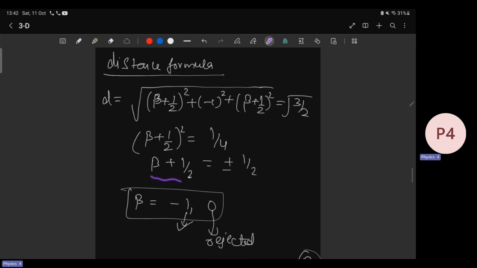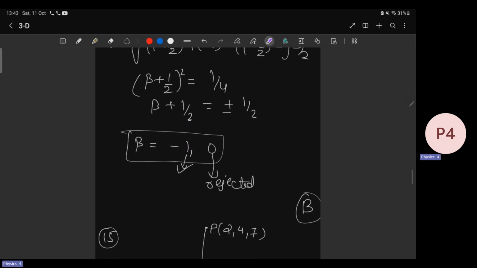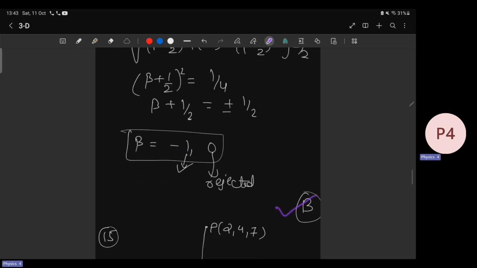Beta plus half equals plus minus half, and beta is equal to -1 and 0. The value of beta equals 0 will be rejected, as it is given in the question itself that beta cannot be equal to 0. So the value of beta is -1. That is option number B.